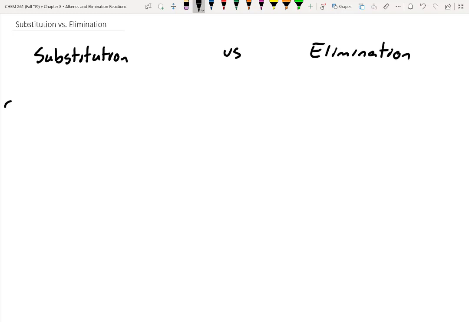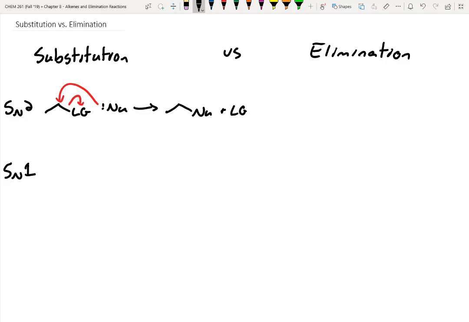Okay, so substitution, we had SN2 followed by SN1. And in an SN2 reaction, we said that we would have something like this with a nucleophile, and the nucleophile is just going to reach out and kick off our leaving group. Right? So this would be a classic SN2 substitution reaction.